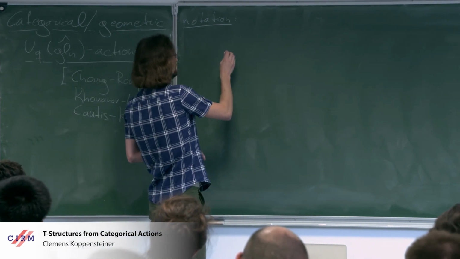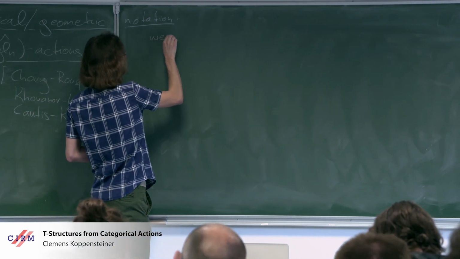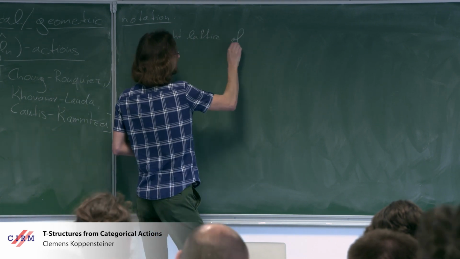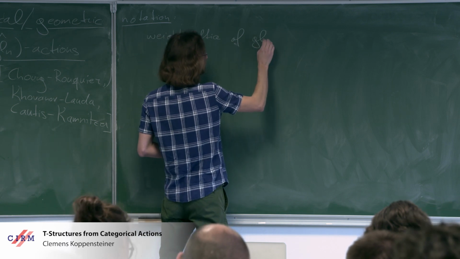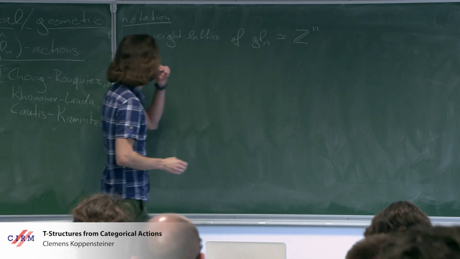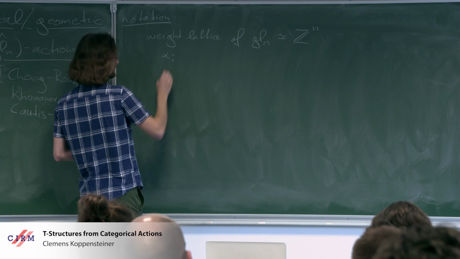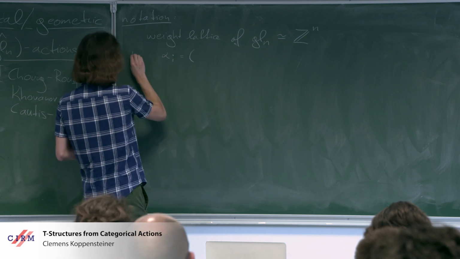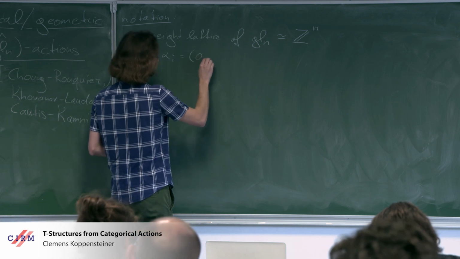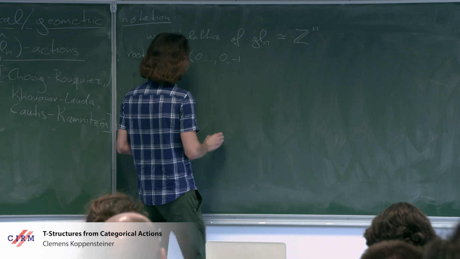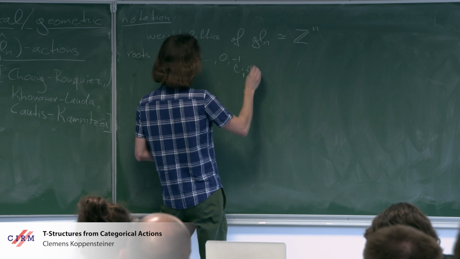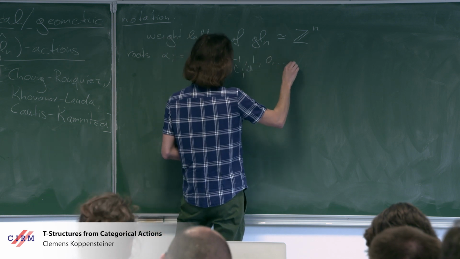I'll have the weight lattice of GLN, which I will identify with Z^n in such a way that the roots alpha_i are given by zeros, minus 1 in the ith position, 1, and zeros again.